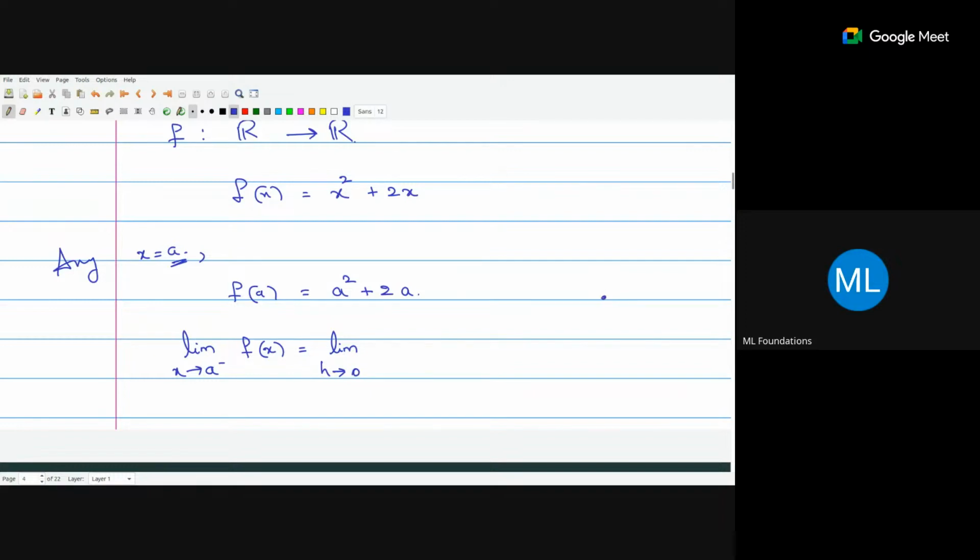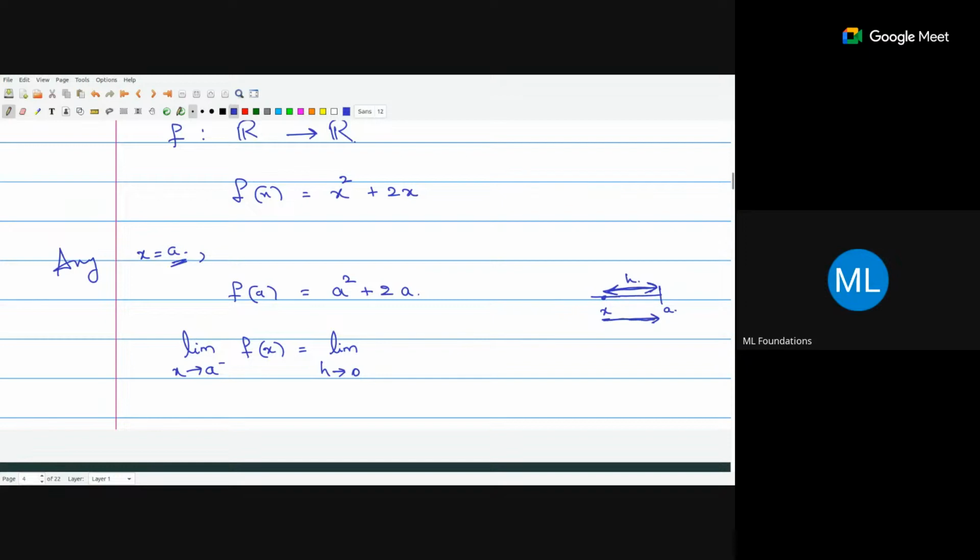If your x is here and your a is here, this h acts as the distance between x and your fixed point a, and this h slowly starts becoming 0. If h becomes 0, that means x is slowly approaching a. Or you can see it the other way around.